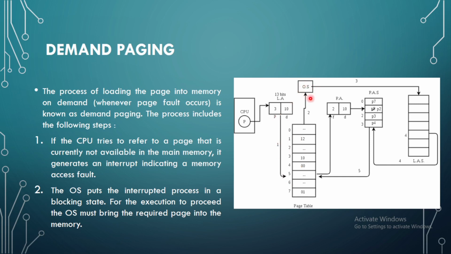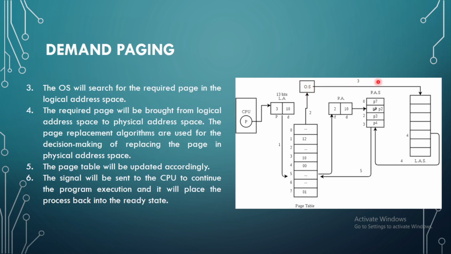For the execution to proceed, the operating system must bring the required page into the main memory. The operating system will search for the required page in the logical address space. And then, the required page will be brought from the logical address space to the physical address space.